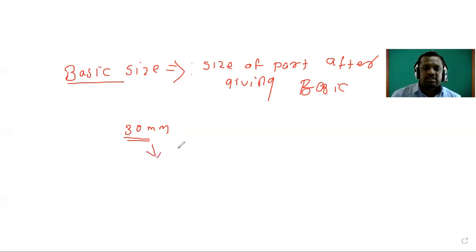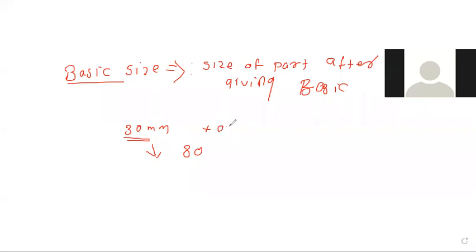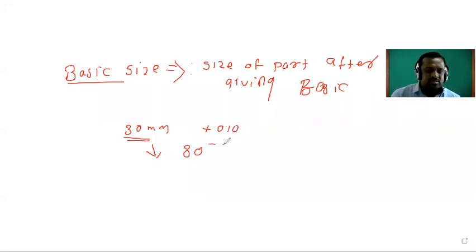Suppose to that 30, I provide the tolerances, means we are giving the two extreme permissible sizes, plus 0.10 and minus 0.10. If such a condition is there, you have to understand that 30 is our basic size, because here we are providing the tolerance zone, with the upper limit and lower limit. That time we can call 30 our basic size.